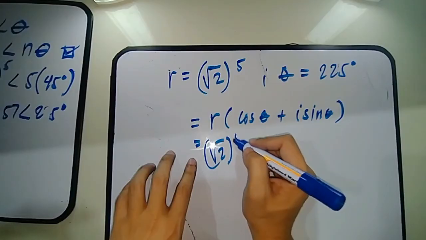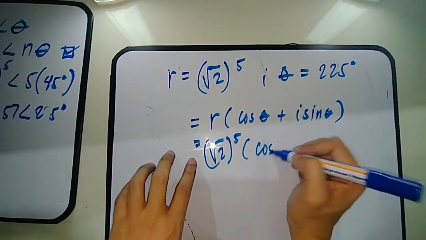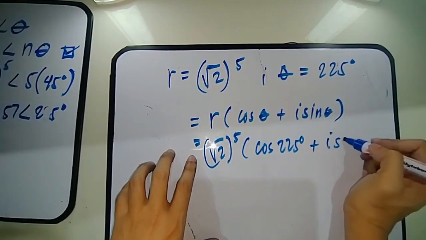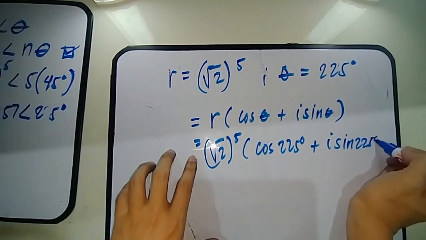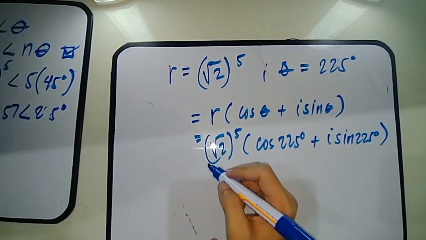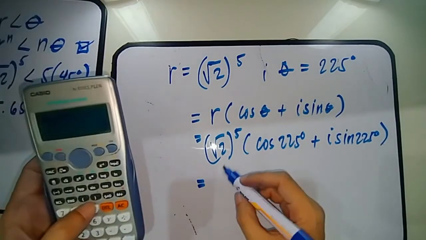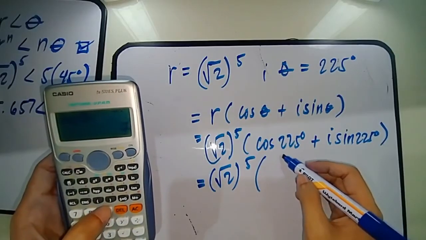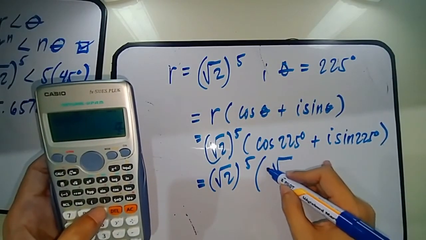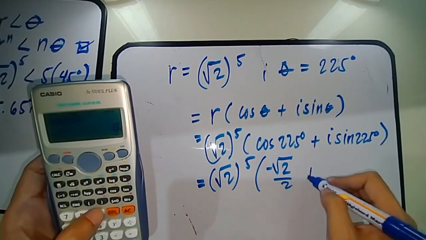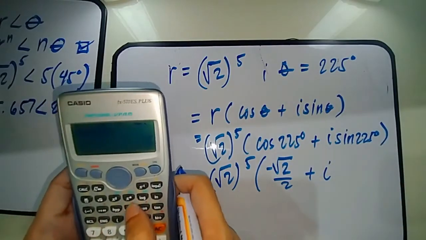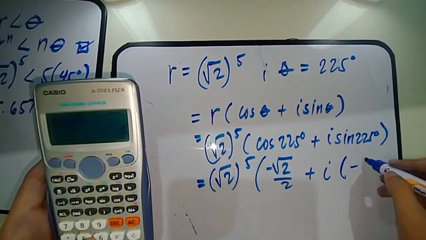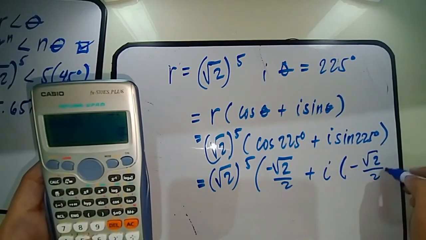Square root of 2 raised to 5, cosine 225 degrees plus i sine 225 degrees. So we just simplify this. Cosine 225 is negative square root of 2 over 2, plus i times sine 225, that is also negative square root of 2 over 2.